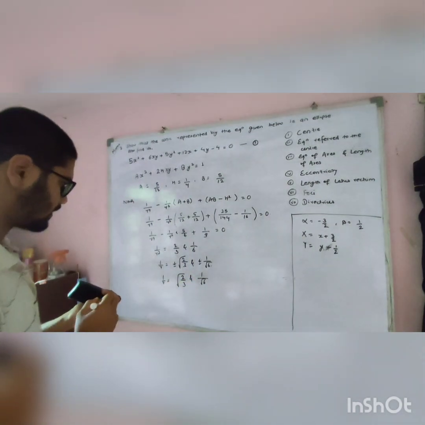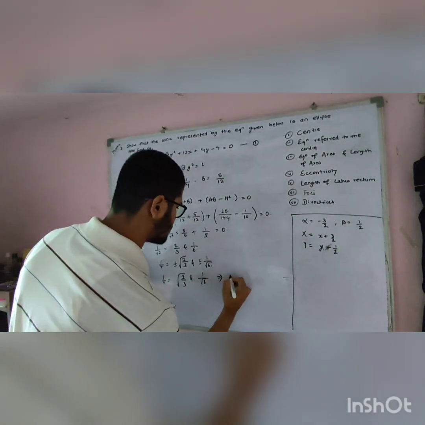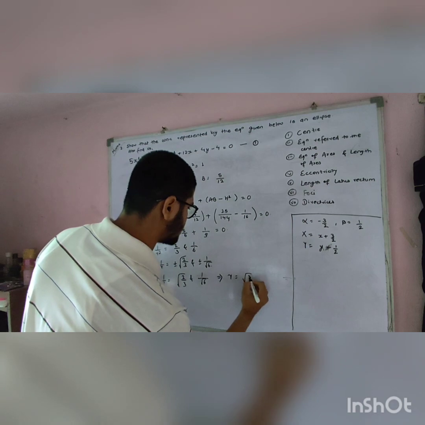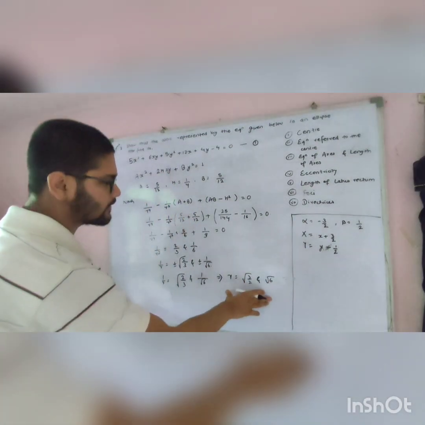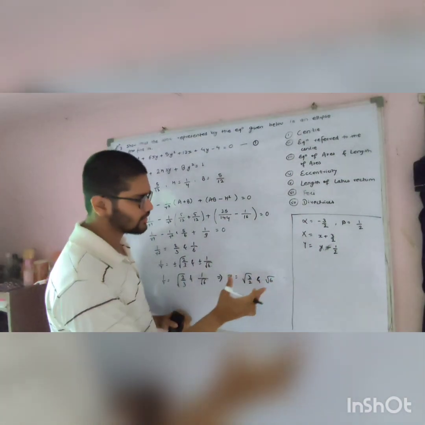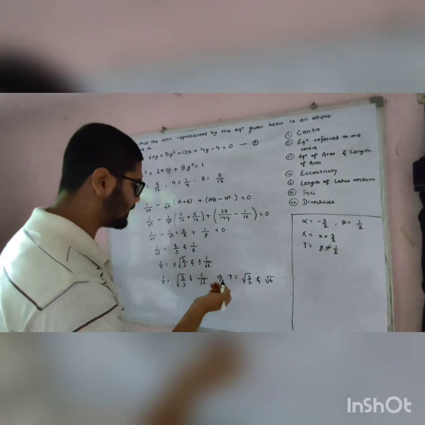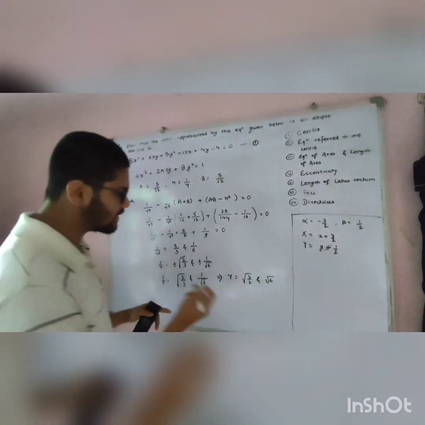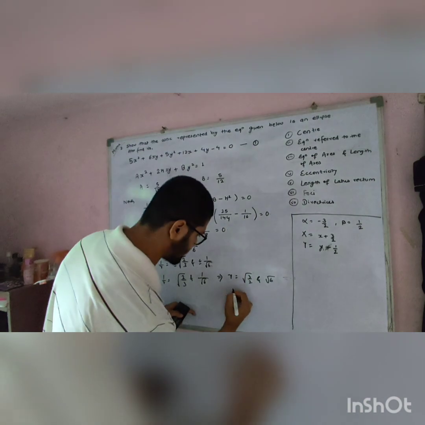Now since we got two values of r, here we can write r is equals to root 3 by 2 and root 6. Since we got two values of r, one of them will be the length of semi major axis and the other will be the length of semi minor axis, and we are supposing the bigger length as semi major axis and smaller as semi minor axis.